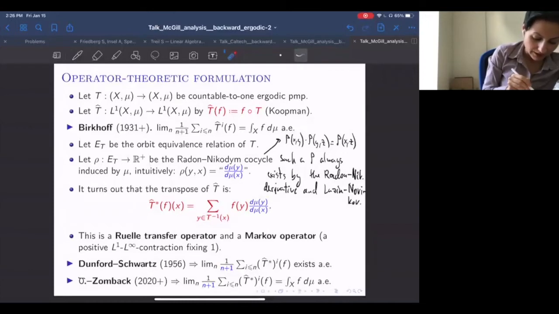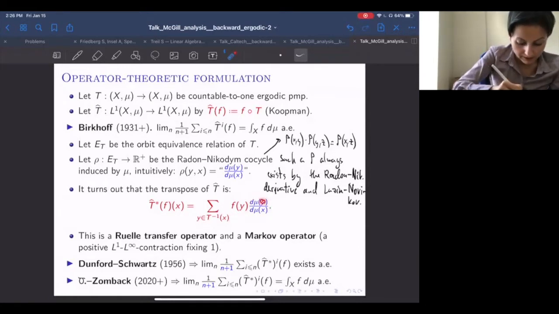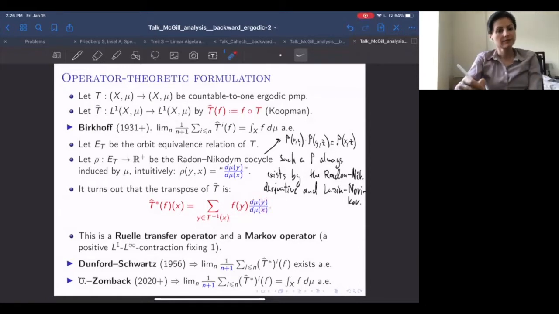But this Radon-Nikodym derivative gives us an explicit form of the transpose of this Koopman operator. The transpose of the Koopman operator is given literally by looking at the point x, evaluating at the point x, and looking at all preimages y of this point x and taking the sum of the values of the function weighted by this cocycle, where the weights are the relative weight of y with respect to x.